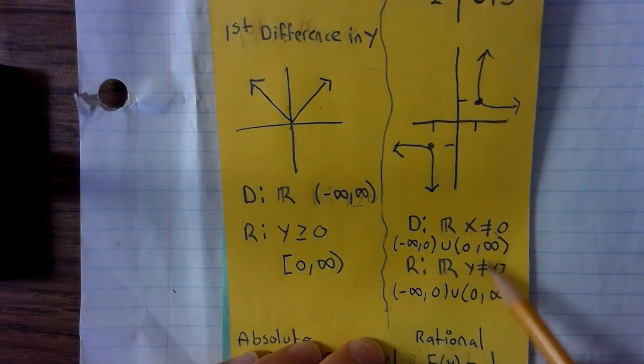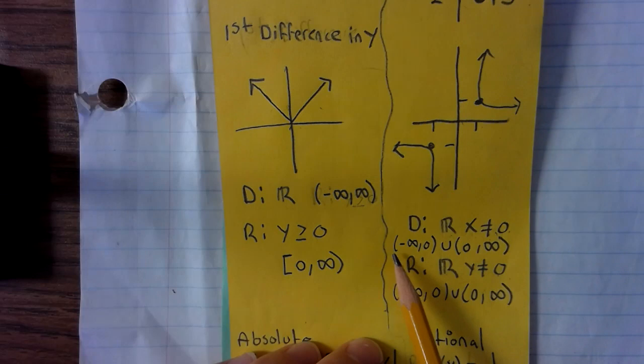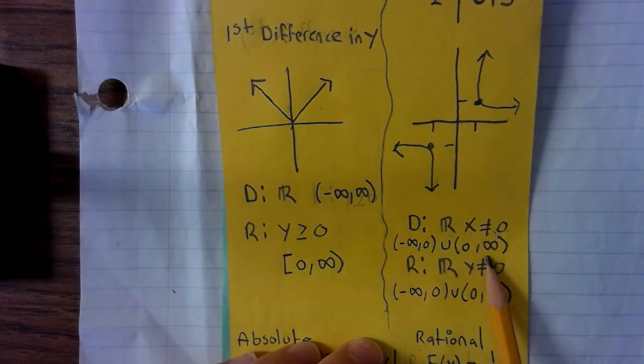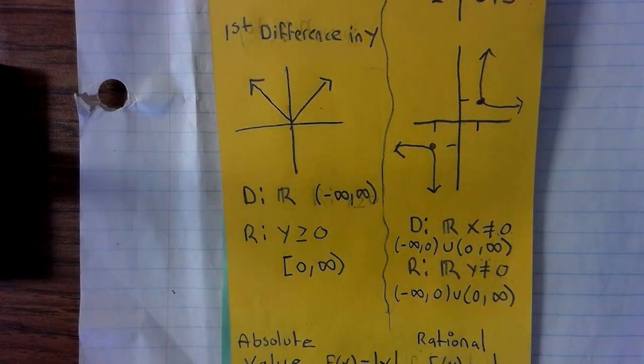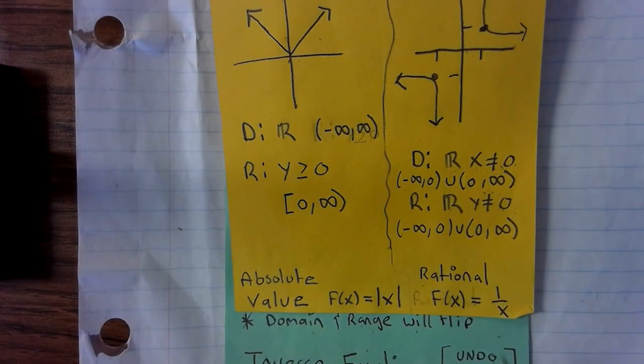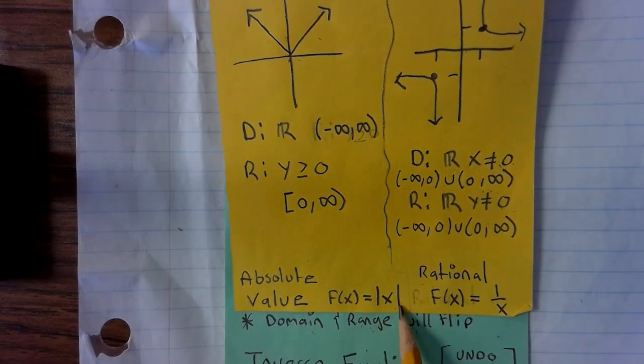Again, both of these are mathematically acceptable, but we're going to want this answer because that's what the AP test a couple years from now is going to want the answer in that form. And that's your rational function. F of x equals 1 divided by x. And I forgot to say, the absolute value, f of x equals, these are the absolute value symbols, the absolute value of x.